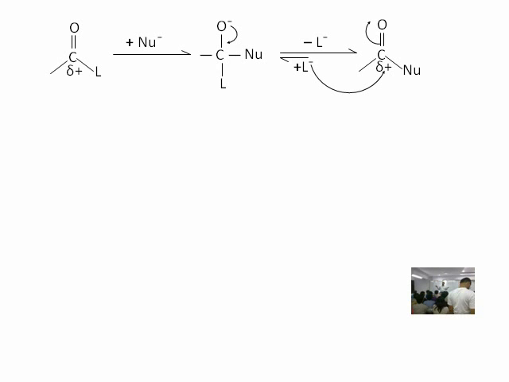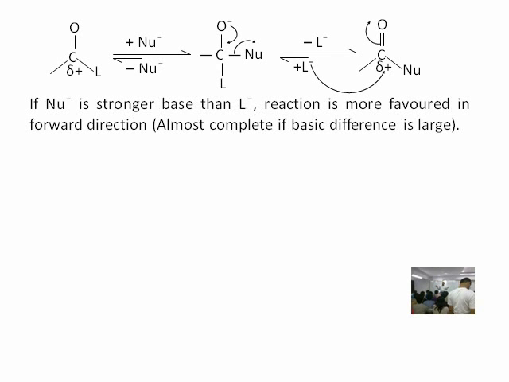In this way, pi bond will be broken, intermediate can be again formed in the backward process. O minus will then again form pi bond, Nu minus will be removed, and you will get back the original reactant. Now if Nu minus is a stronger base than L minus, reaction is more favored in forward direction as shown above, and this reaction is almost complete if basic difference is large.